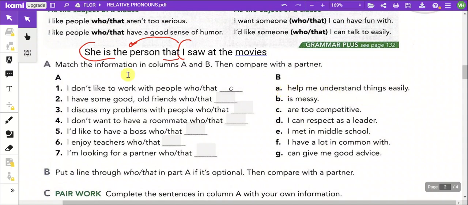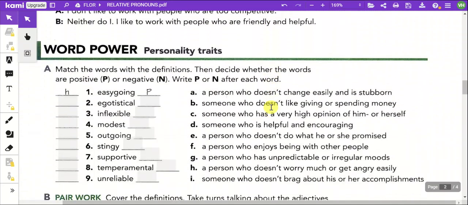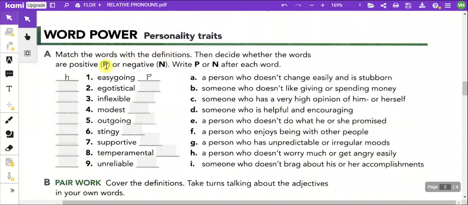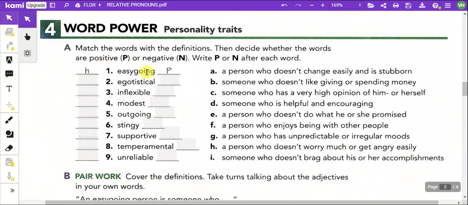Help me understand. Quiero que pongas las letras nada más, relaciones la columna A con la columna B. ¿Ok? Y finalmente quiero que estudies, quiero que repases el significado y la pronunciación más que nada de estas palabras que están aquí. Vamos a ver personality traits, o sea, rasgos de la personalidad. Personality traits.